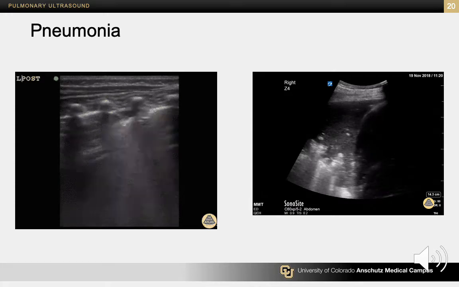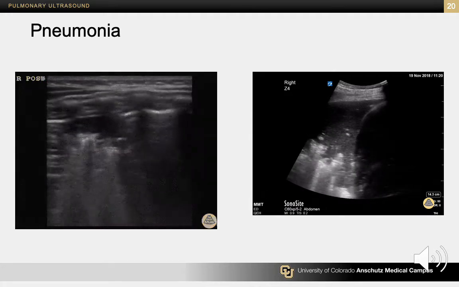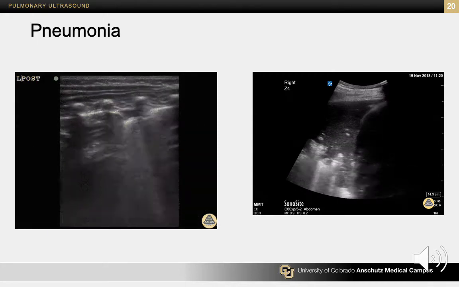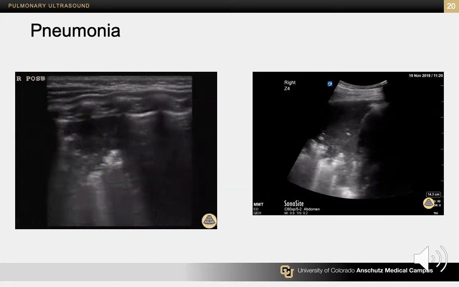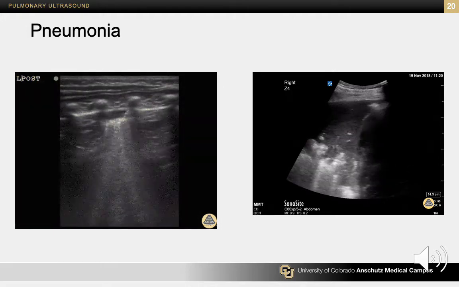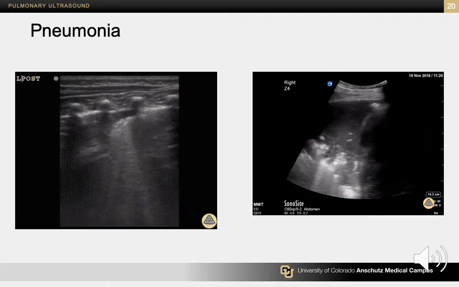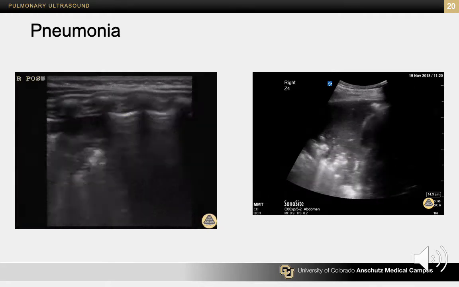The other finding that we talked about earlier is the air and fluid bronchograms. In this image, what we're looking at are these hyperechoic flecks. These are air bronchograms, these static hyperechoic dots. The fluid bronchogram is this little speck that you can see moving down into the lung.